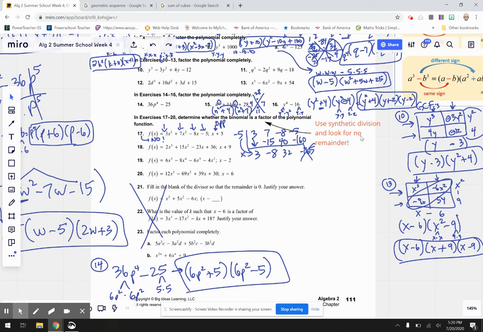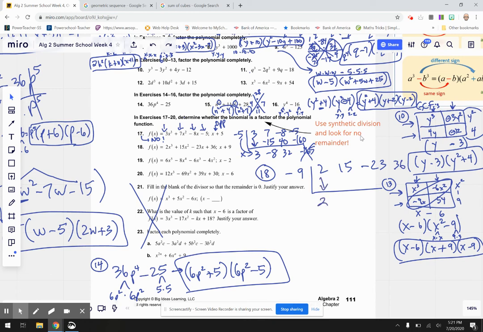Well, let's try 18. You need the opposite of this 9, so you need a negative 9. 2, 15, negative 23, and positive 36. So let's bring down the 2.